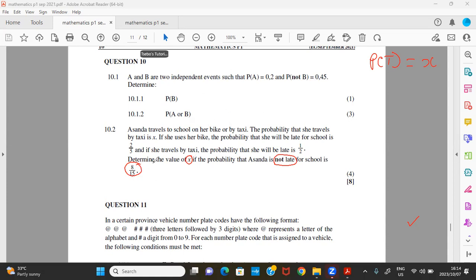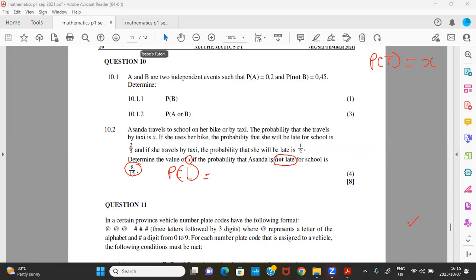So let me just ask you a question. It has nothing to do with this question here, but it's just to test your understanding. If they say the probability that Asanda is not late for school is 8 over 15, then what is the probability that Asanda is late for school?